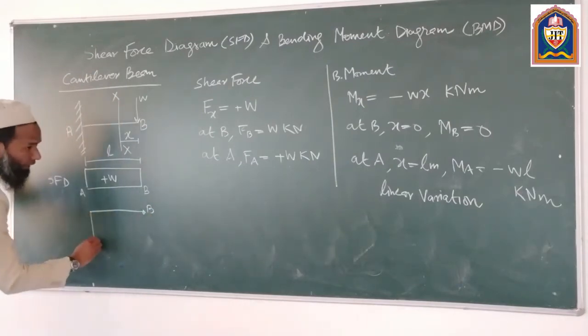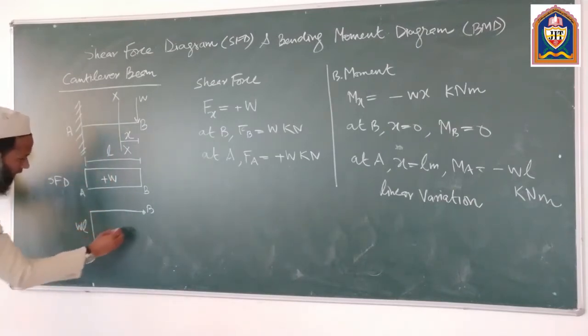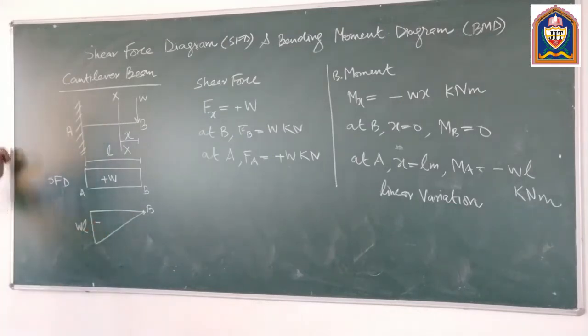At point A, its value is minus WL. So this is WL, and the variation is linear, and this is negative.